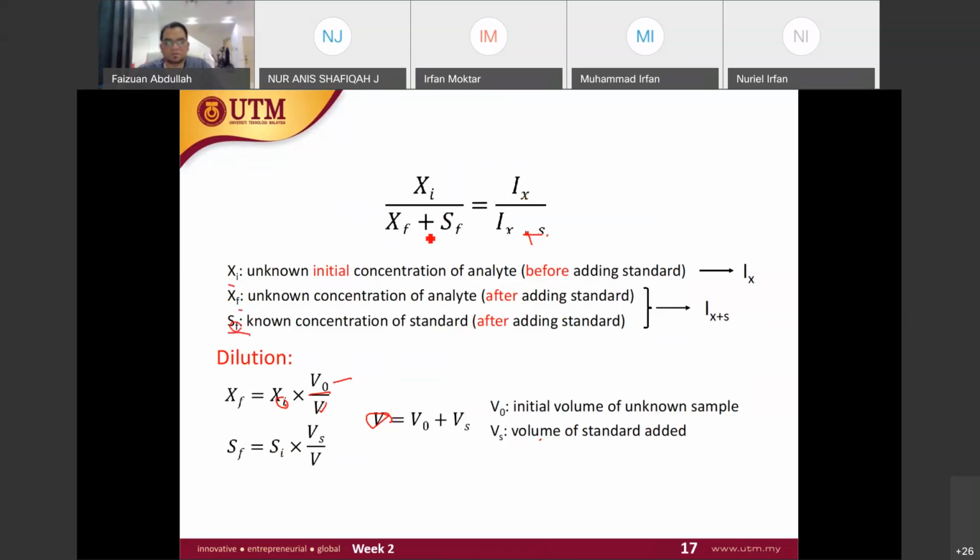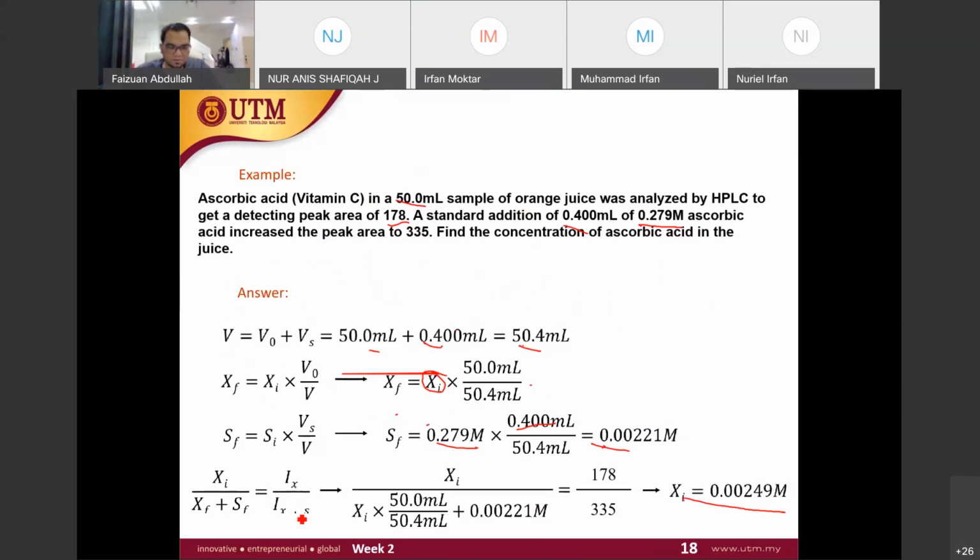So based on this equation, what is this actually? This Ix, what is this actually? The missing part, because the image is similar with this one. What is this actually? Ix plus S.